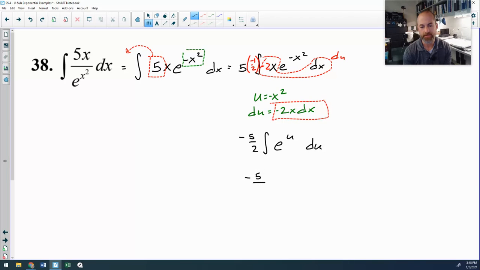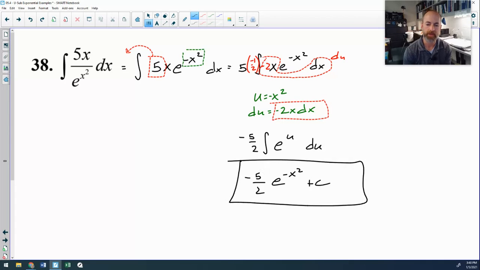So my -5/2 on the outside comes along for the ride. E to the u is our antiderivative, and my u is -x squared plus c, and we have our answer. That 2 looks stupid. 5/2. There, that's better. So there we go. There's number 38, and there are some U-substitution examples that involve exponential functions. Hopefully that will help you a little bit.